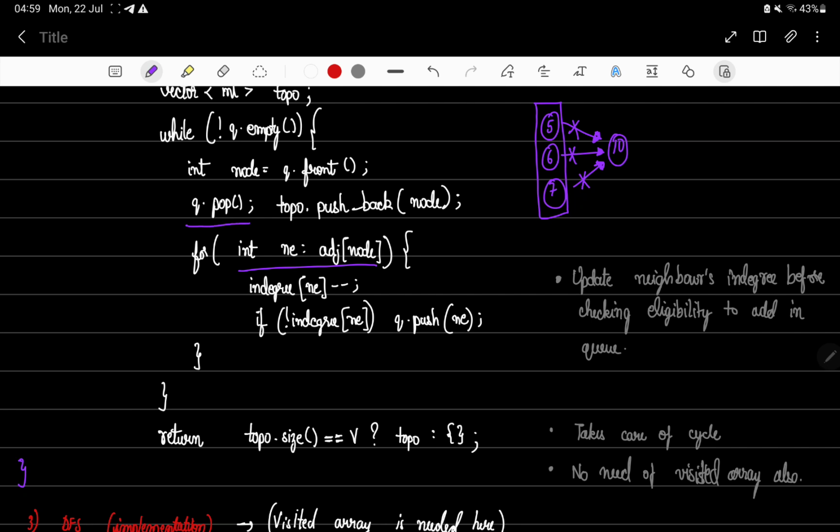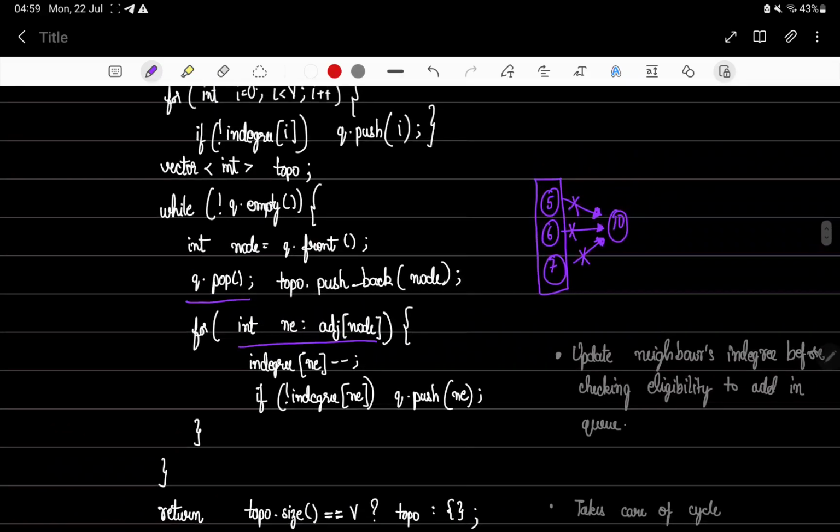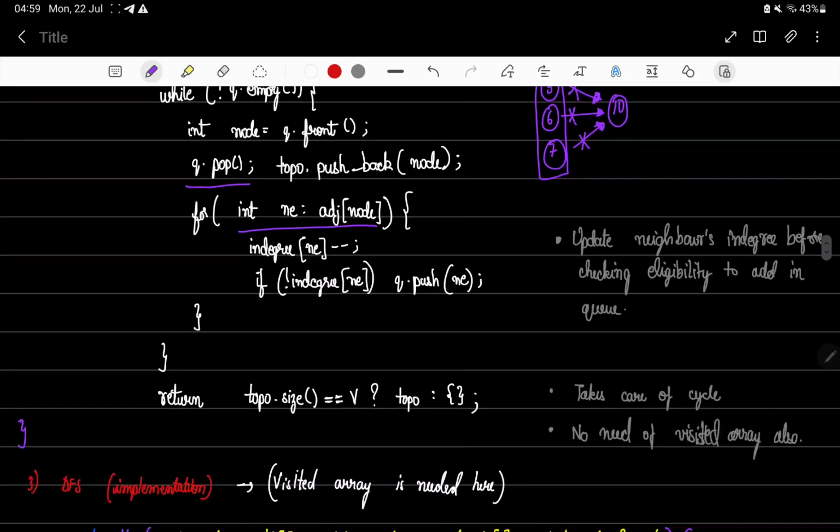Now we are guaranteed that if a node has an in-degree of 0 at some point, it is eligible to be pushed into my queue. So we push it into the queue, and this will carry on until we have reached the end of the topological sort and the end of the BFS.